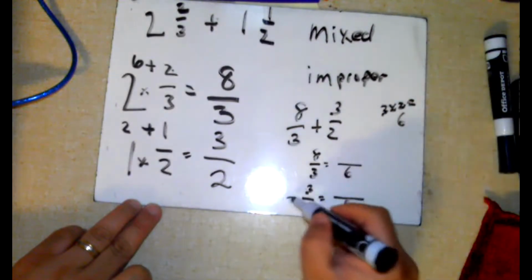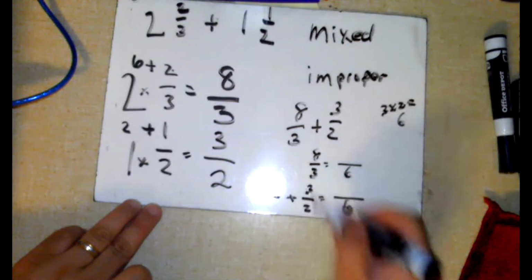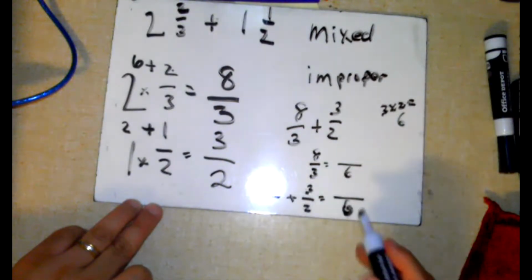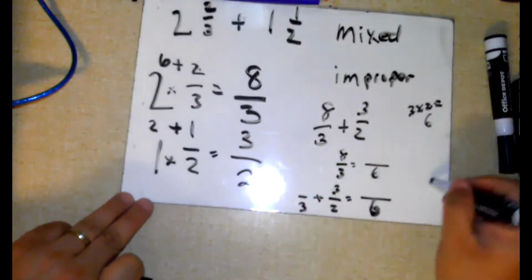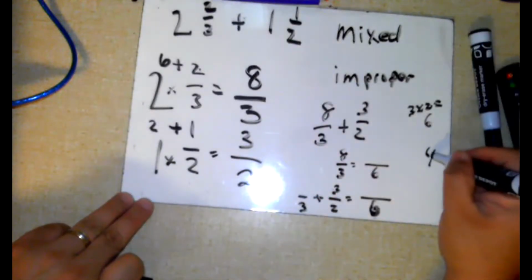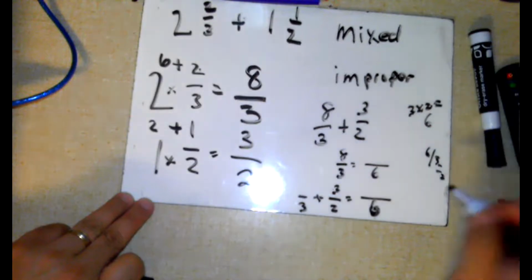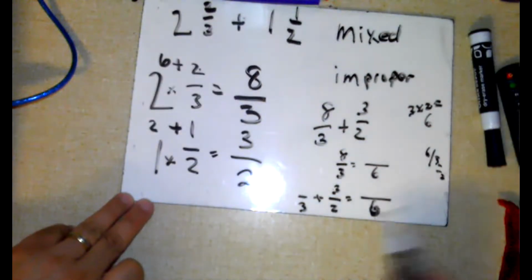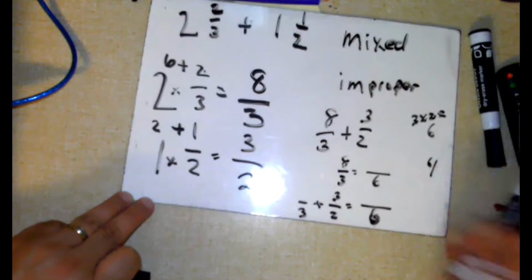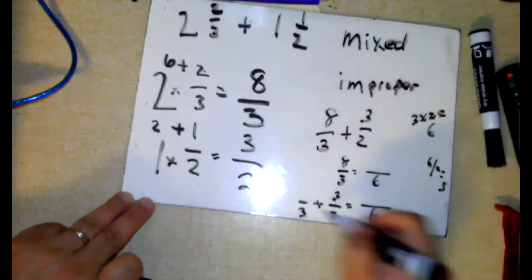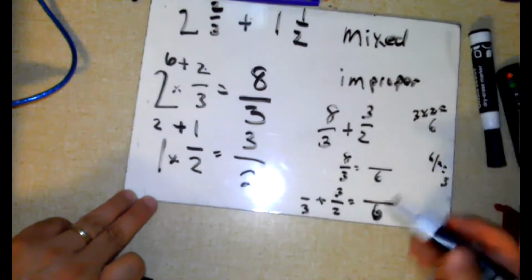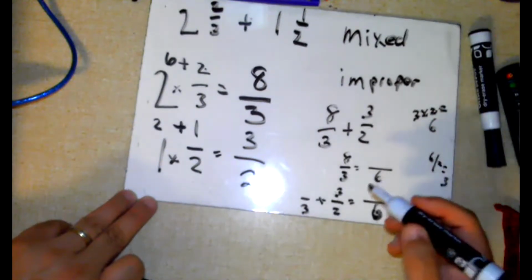So what do I multiply 2 by to get to 6? Well, 3. Because 6 divided by 2 equals 3. And what I do to the denominator, I'm going to do to the numerator.